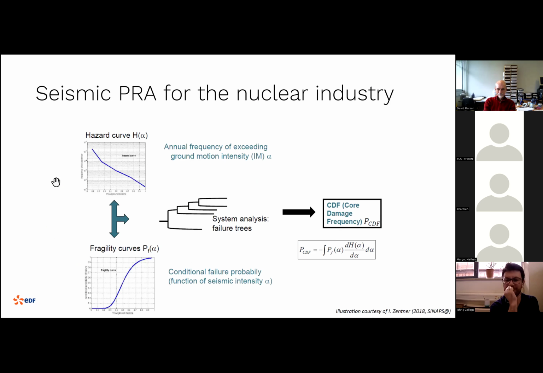So in the nuclear industry, probabilistic risk assessment is used for specific components, but can also be used at the system scale, where you combine hazard curves and fragility curves associated with specific systems in logic trees that can be very complex, to identify potential failure scenarios leading to core damage frequency, so a kind of nuclear accident, for example.